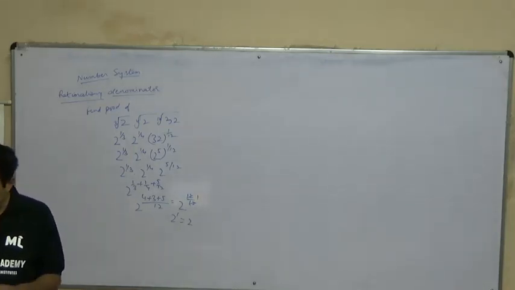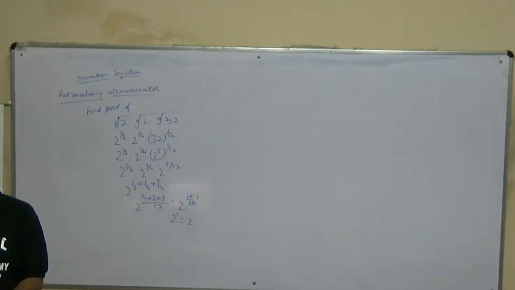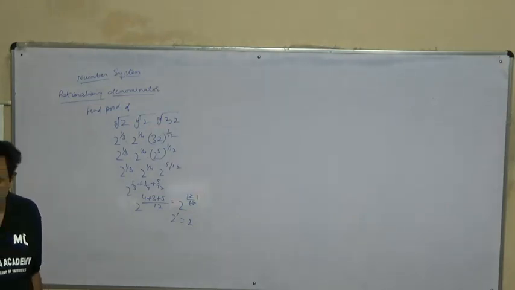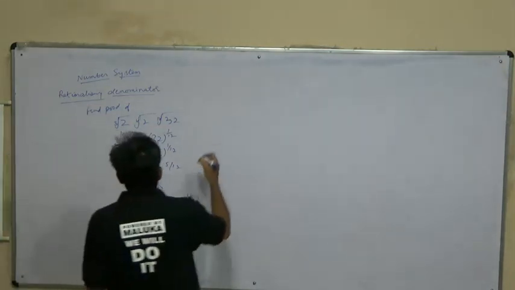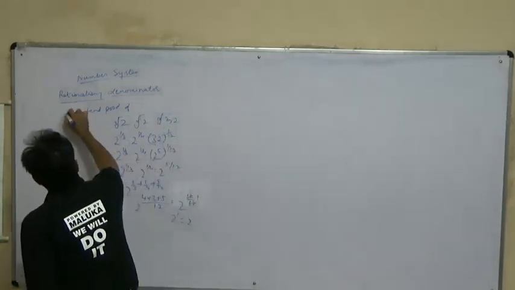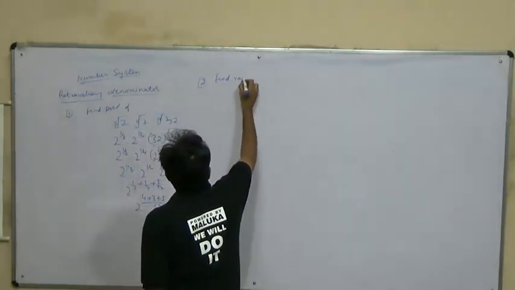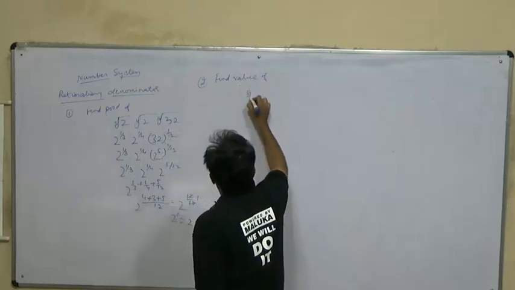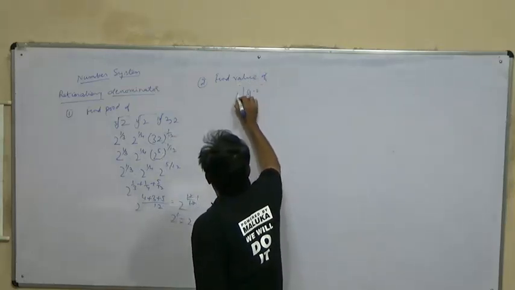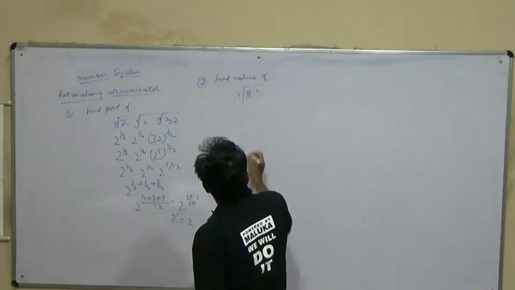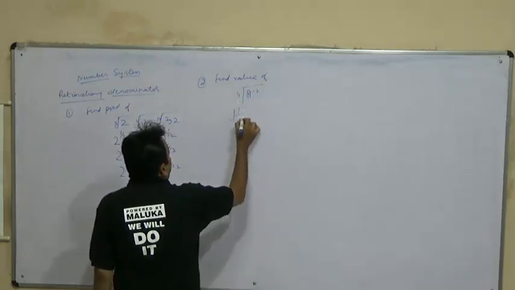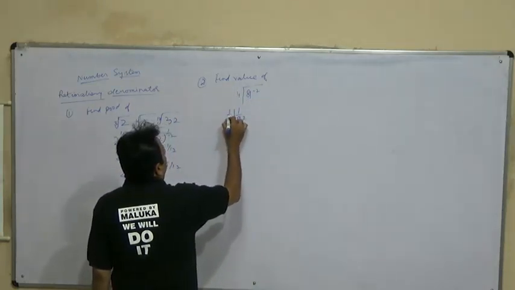Then next is find the value of 81 raised to power minus 2 and 4th root of it. Now this will be 1 by 81 square 4th root of it.